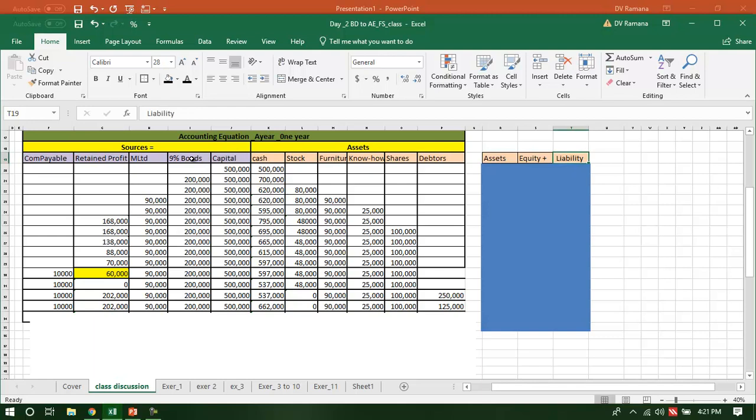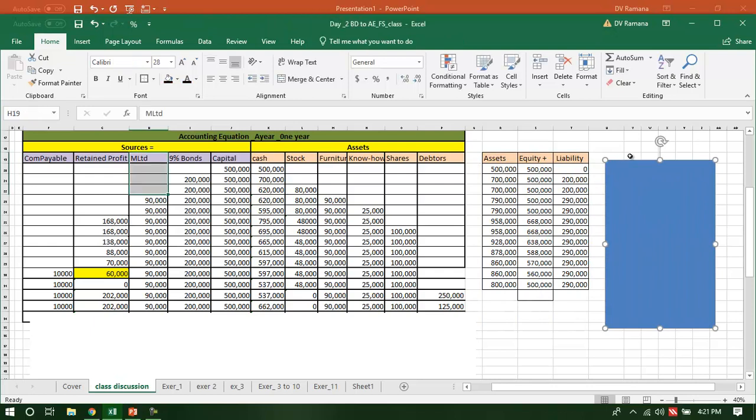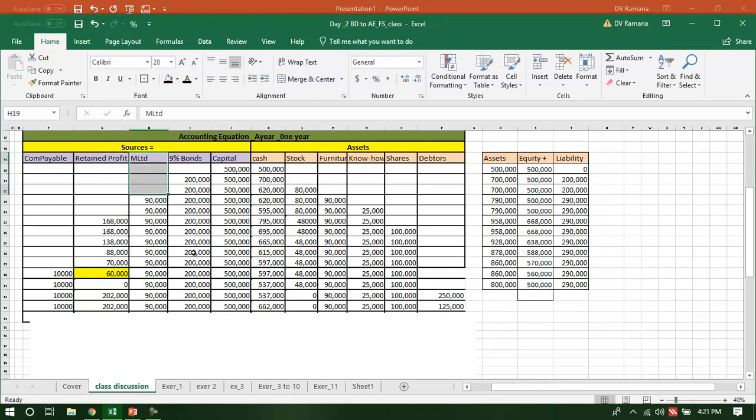Liability is outsiders' money: bonds, the commission payable, M Limited, these are liabilities. As we mentioned earlier, the equation will always show the composition of the sources and assets. The sources here are E and L, and the details will show the composition of E, the composition of L and the composition of assets.